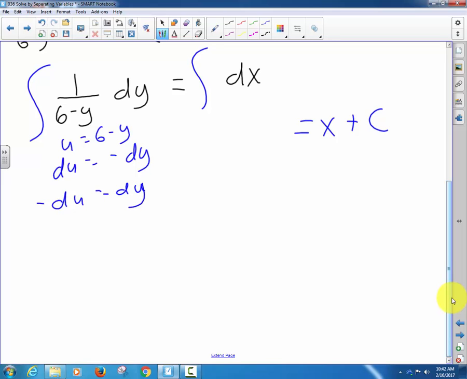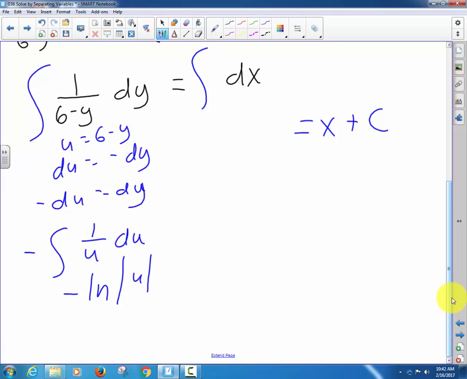So now we can substitute in. We substitute a minus sign in front of the integral of 1 over u du. Well, now we remember how to integrate 1 over u. It's the ln of the absolute value. So we've got minus ln absolute value of u.